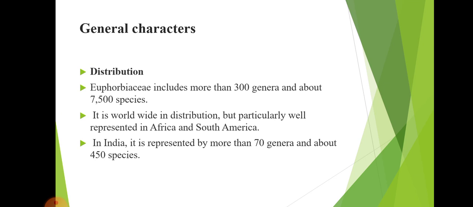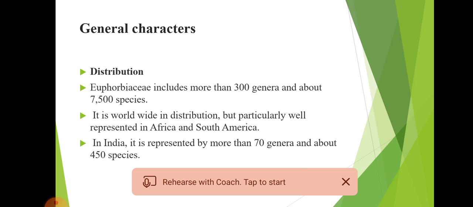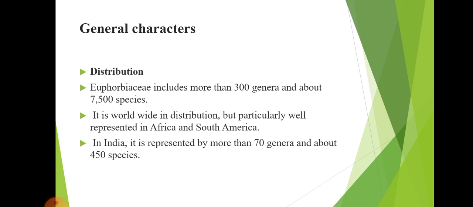If you see the general characters of Euphorbiaceae, the distribution of Euphorbiaceae includes more than 300 genera and about 7,500 species.